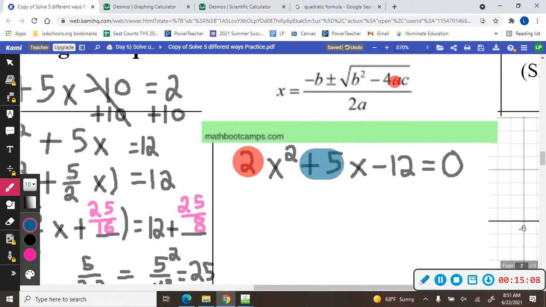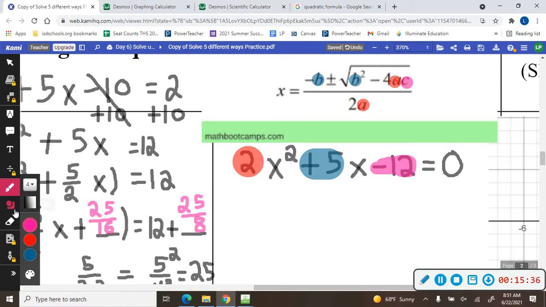So everywhere you see a b, which is two places, here and here, you'll put a 5. And also I forgot about the other a. There's also an a here. And then your last number is your c. And so you put negative 12 in there.